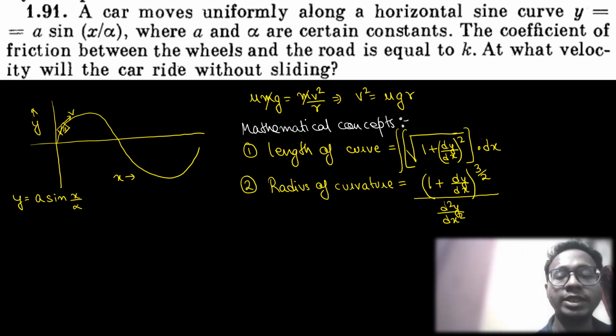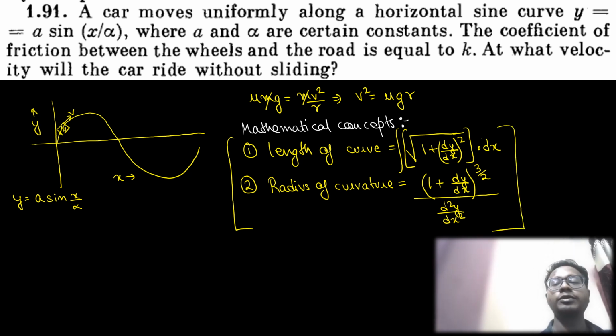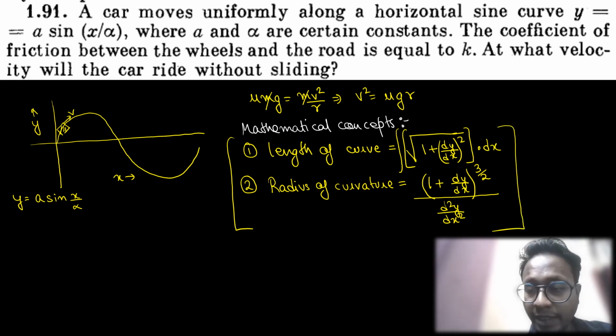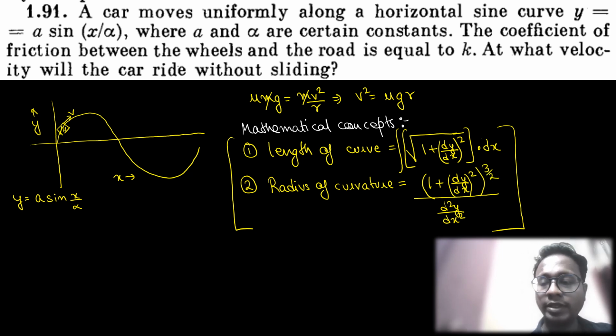These two formulas are the ones that you need. There is a little bit of error in the formula: it is 1 plus dy by dx whole square to the power 3 by 2. This is the formula for radius of curvature at any point.